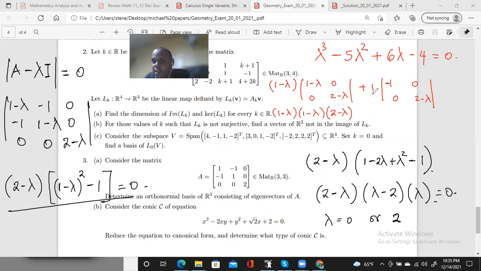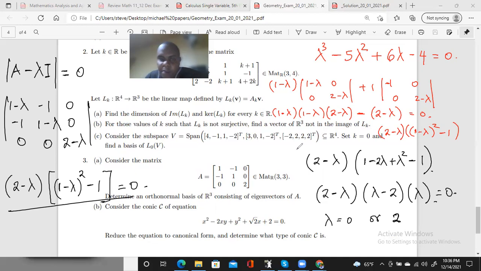Oh, okay. And then here you should have done minus 2 minus lambda equals 0, right? Yes. If you factor out 2 minus lambda, you should get 1 minus lambda squared minus 1, right? Mm-hmm.